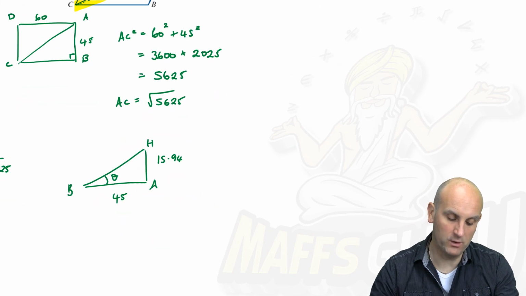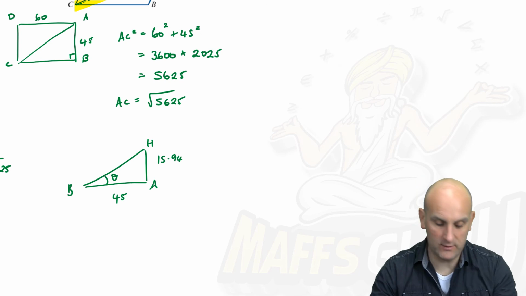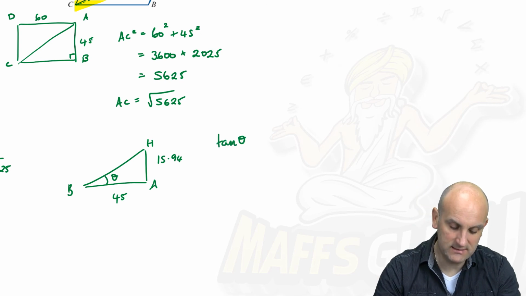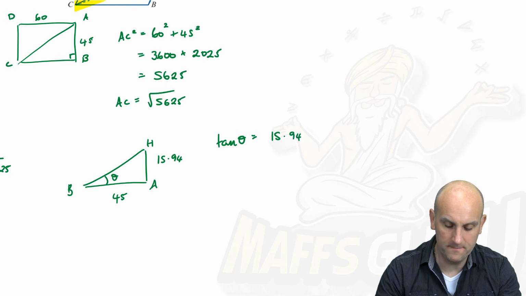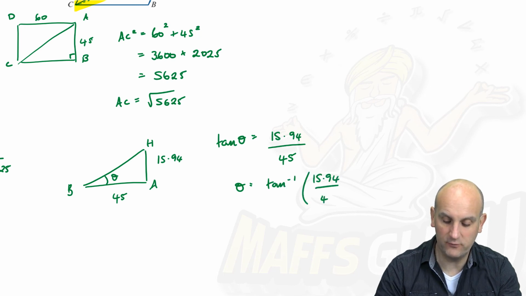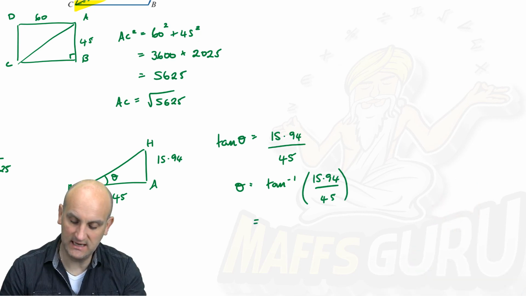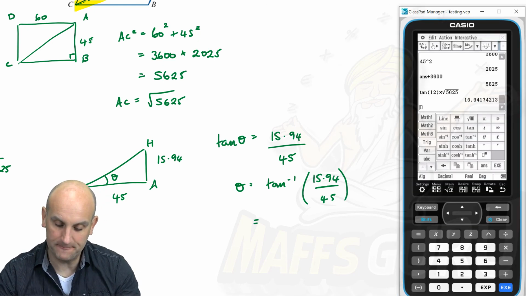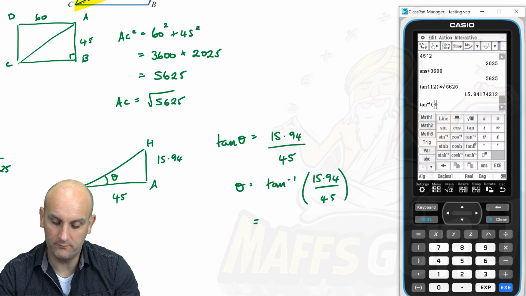So once again, what do we know? We know it's a tan question. So we know that tan theta is the opposite, which is our value of 15.94, divided by 45. So theta is going to be tan to the minus 1 of 15.94 divided by 45. Loading up my calculator, I'm going to do tan to the minus 1 of my fraction.